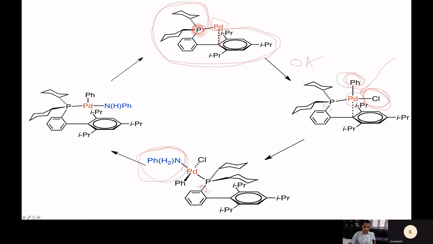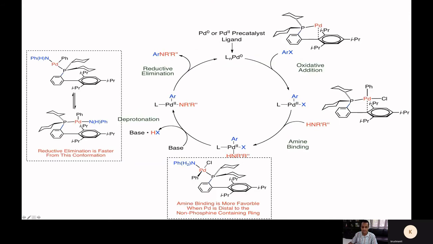Why? Because the reductive elimination when it was outside, if it was over here like this orientation after deprotonation and Cl removal, this geometry is not really great for reductive elimination. For reductive elimination, you need bulky ligand. Scaffold has to be bulky, okay? And this can be provided once it has come back in, and palladium again feels like a many crowded atmosphere is there, and then reductive elimination becomes faster, okay?